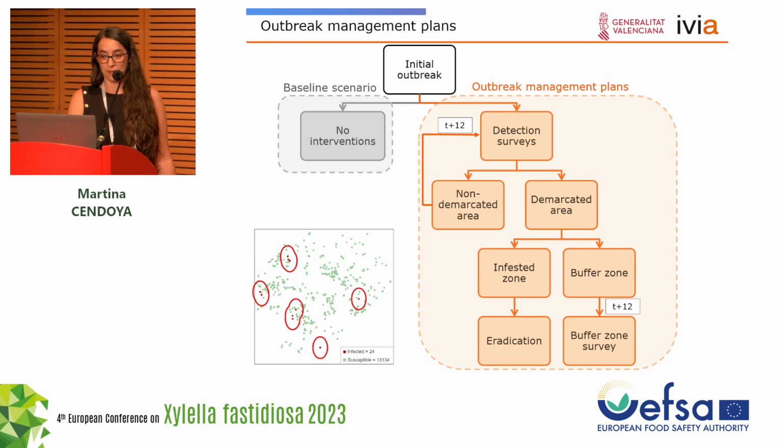In the infested zone, eradication will be applied, and in the following year, surveys must be done in the buffer zone, and also detection surveys again in the non-demarcated area. Also, the buffer zone surveys will be more intensive.